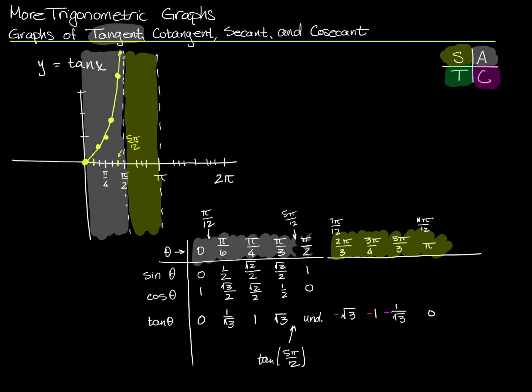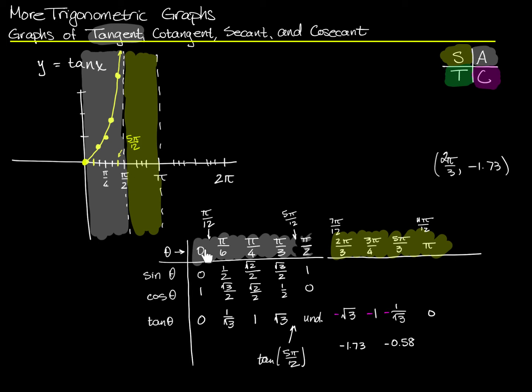I also know from a previous screen that the values of root 3 and 1 over root 3 can be approximated by, let me get the right pen here, root 3 is about 1.73, now it's negative, and 1 over root 3 is about 0.58, and now that's negative. So this time, instead of plotting points like this, 2 pi over 3 comma negative 1.73, I'm not going to write those all out this time.